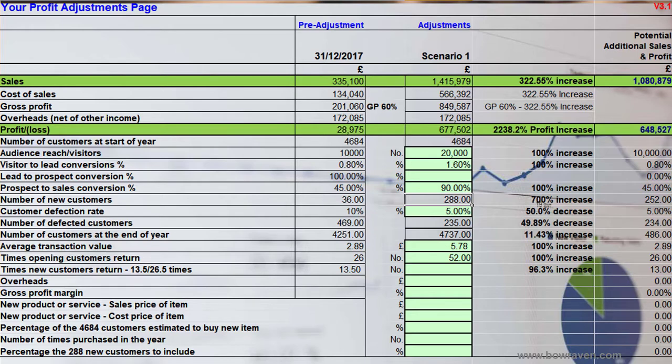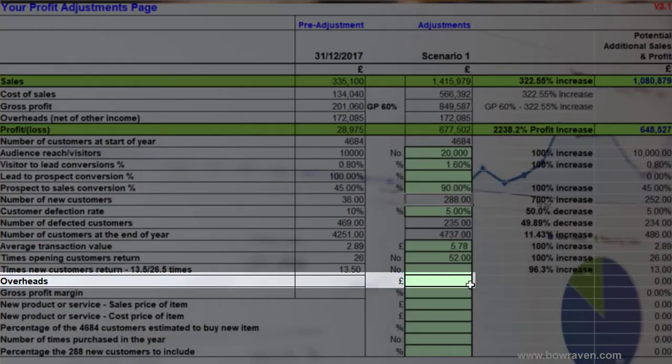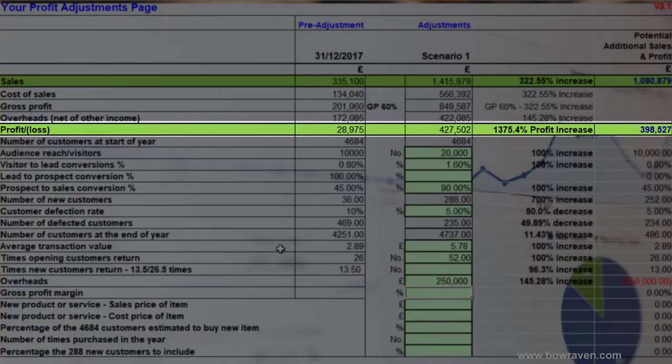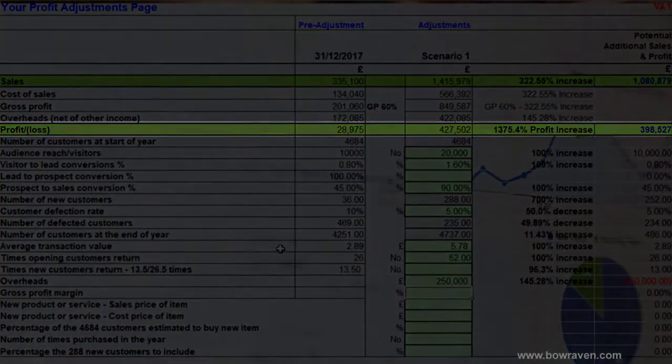Depending on the size of the premises, we may even need to increase the size of the premises. However, I'm pretty certain that the increases you'll have to make to your staffing and premises costs are unlikely to exceed the additional profit you've got here of £648,000. So even if we put in extra overheads, let's assume £250,000, just to pick a figure, we've still got a profit increase of just shy of £400,000.